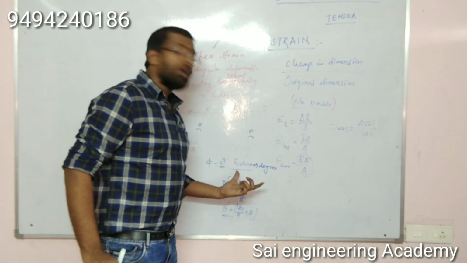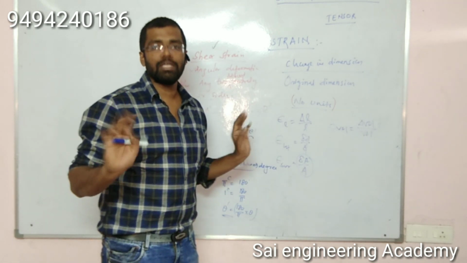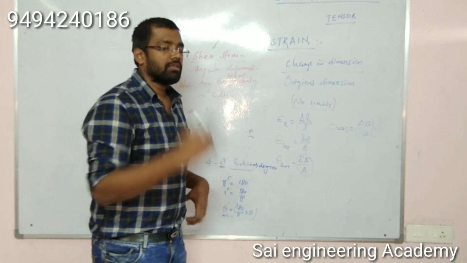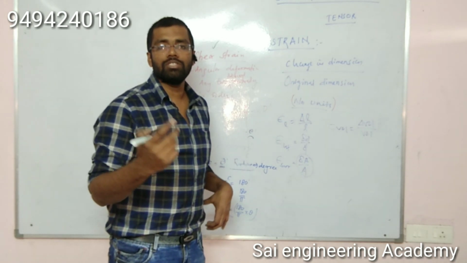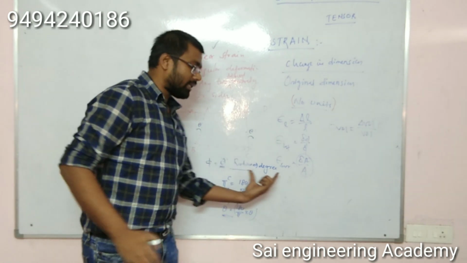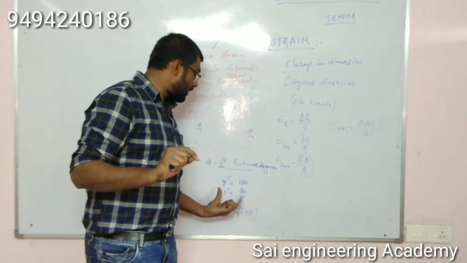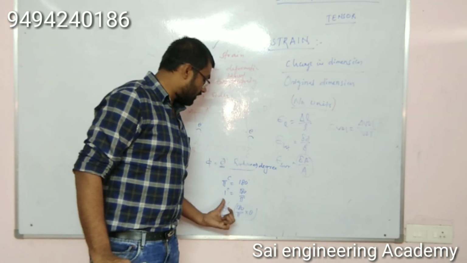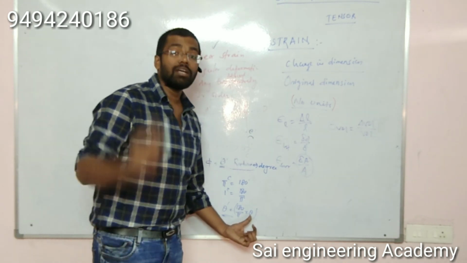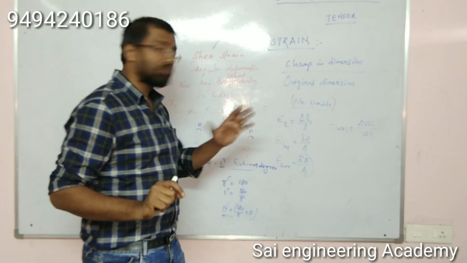Suppose in a problem with shear stress tau, shear modulus, the strain is given in radian. In that case, you convert the strain into degree. Pi radian equals 180 degree, 1 radian equals 180 by pi, theta radian equals 180 by pi into theta. Convert it to degree, then proceed. Don't make a mistake in this.